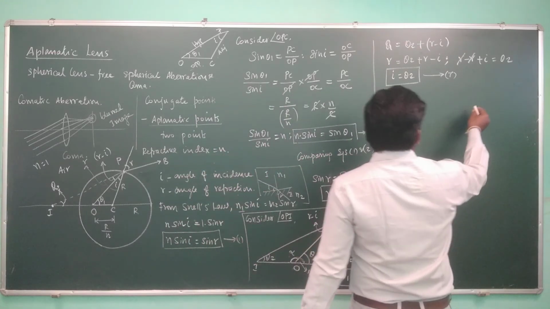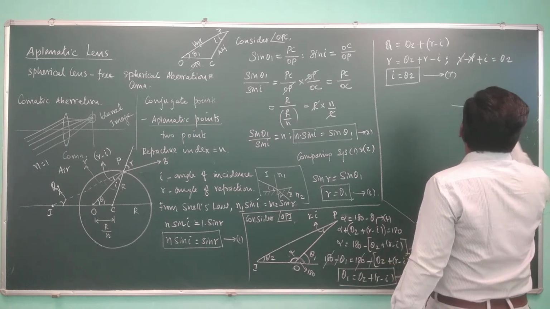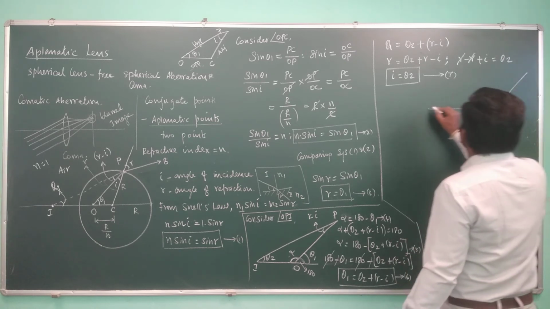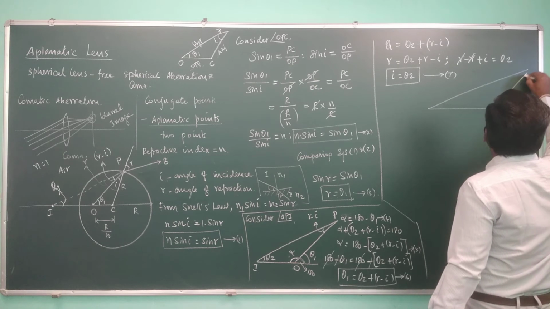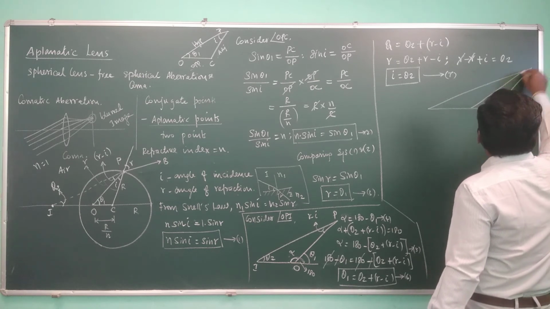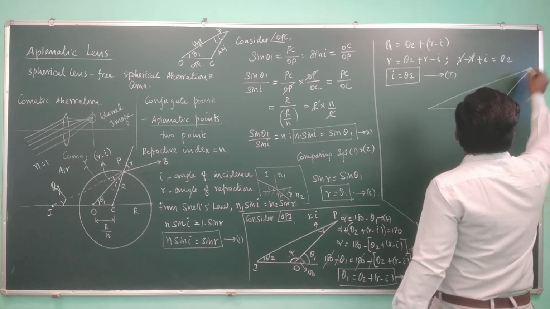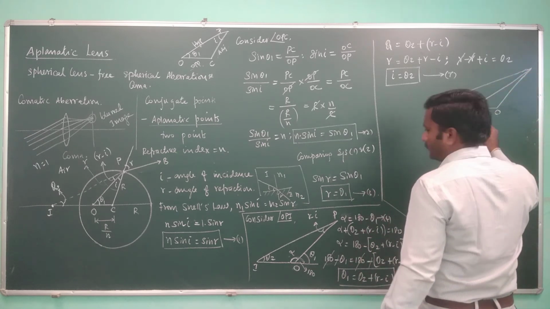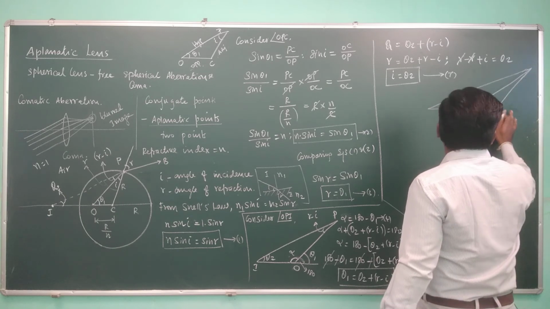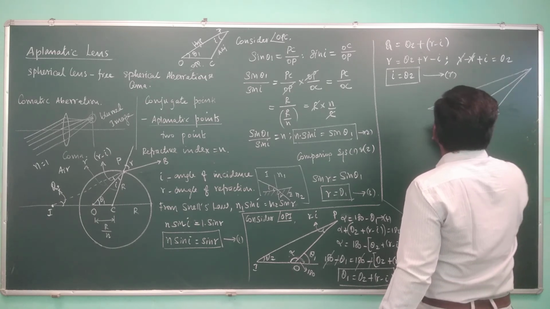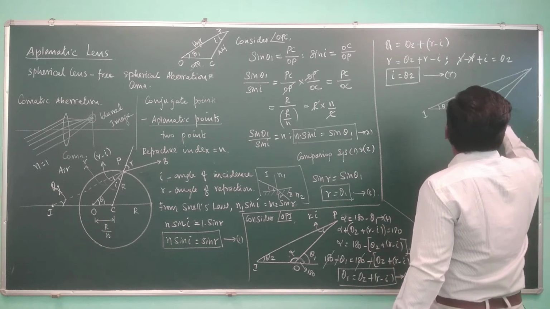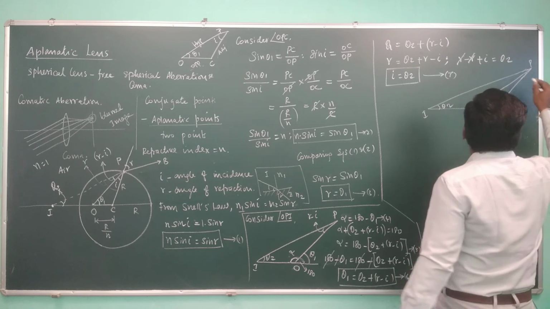Let us consider these triangles. C O I, this is theta 2, theta 1, P.